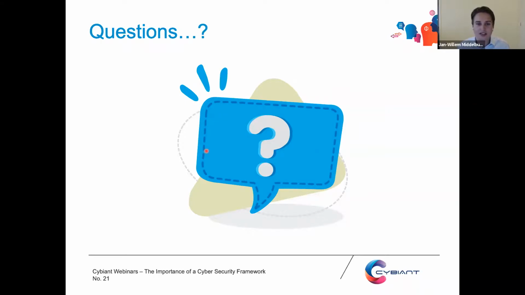Other question that we've received is, how many frameworks are out there and why is NIST the best? Well, let me say first and foremost that I don't necessarily think that NIST is the best, because other frameworks or standards like ISO 27000 are very useful and they are being adopted across the world by organizations, and it's very good guidance.